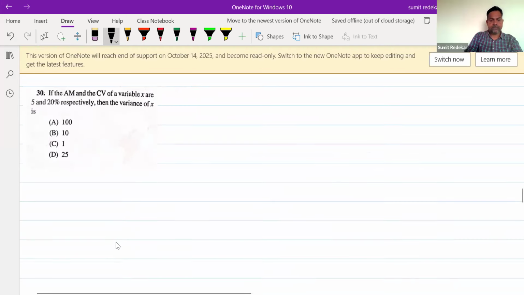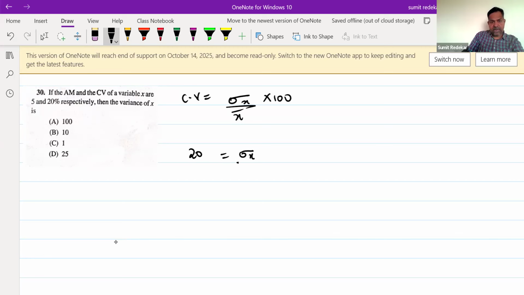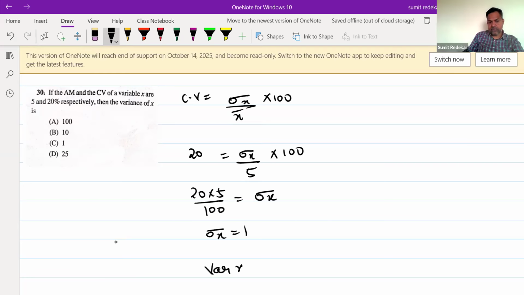The coefficient of variation is 20%. 20 लिख दो is the standard deviation जो नहीं दिया है, and the arithmetic mean, which is 5 into 100, cross multiply is 20 into 5 upon 100 is the standard deviation of x. Can I say standard deviation of x is 1? And if the standard deviation is 1, the variance is the square of that 1, which is going to be anyway 1. The answer to this should be C.